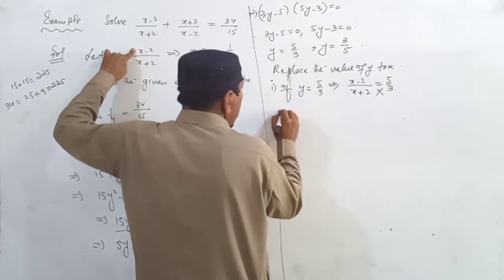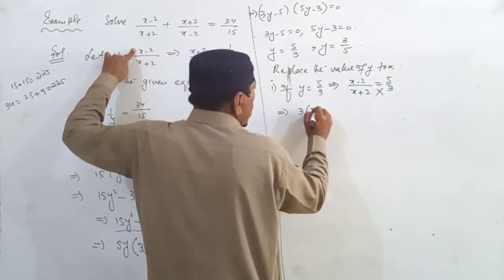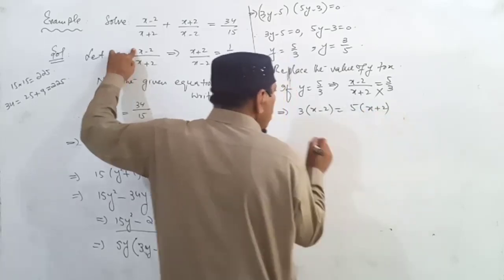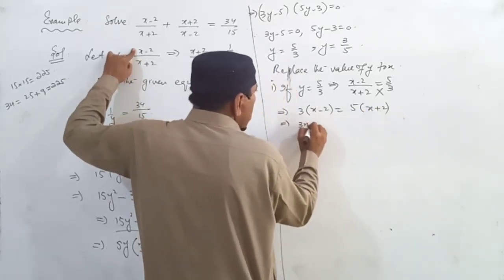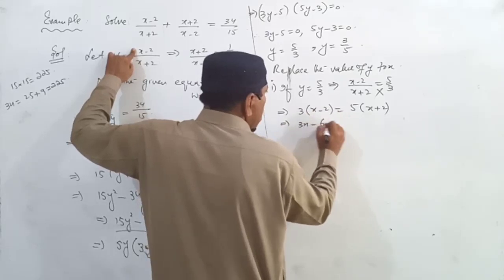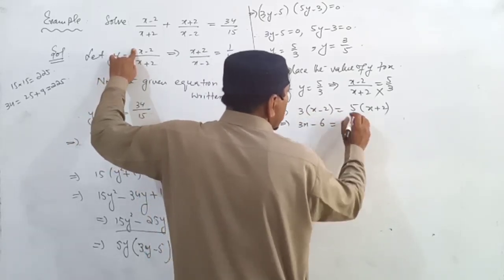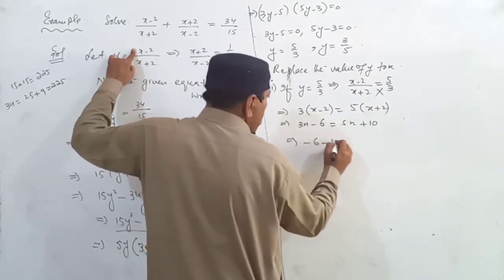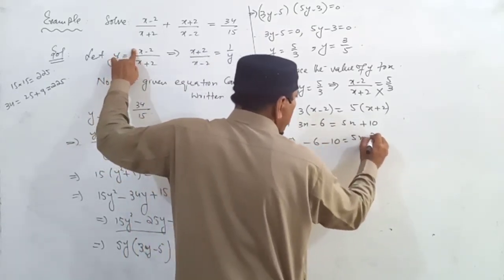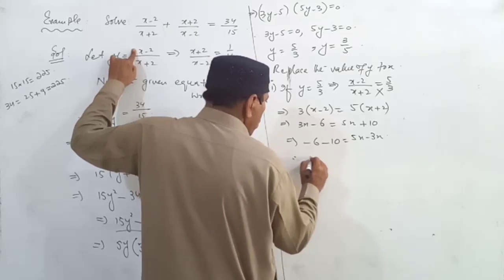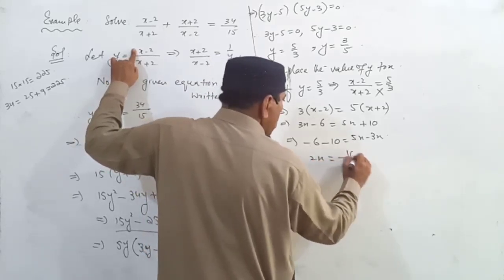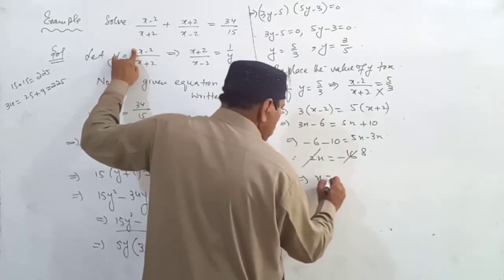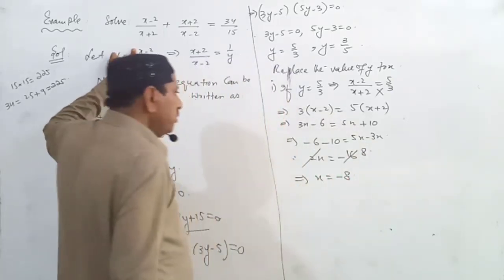By cross multiplication, 3 into (x minus 2) is equal to 5 into (x plus 2). So this will be 3x minus 6 equals 5x plus 10. So this will be minus 6 minus 10, 5x minus 3x. Therefore 2x is equal to minus 16, so x is equal to minus 8.